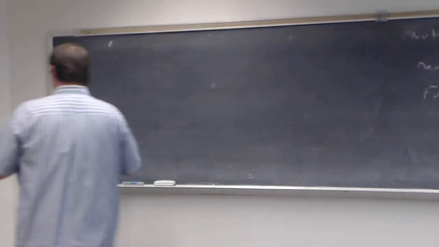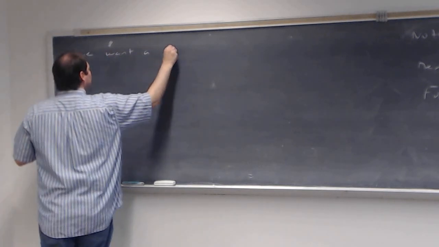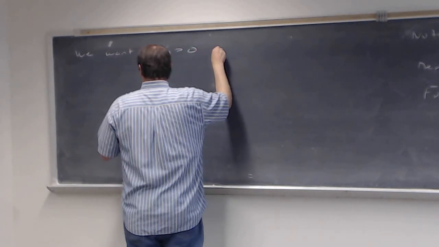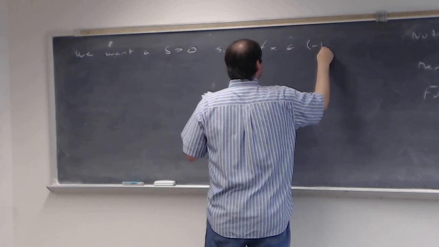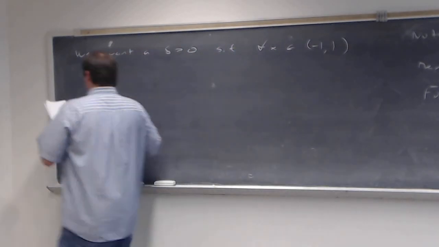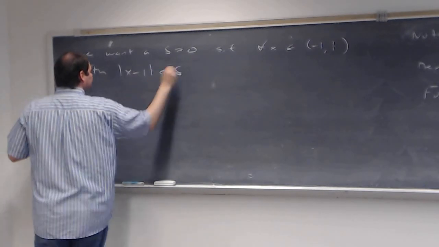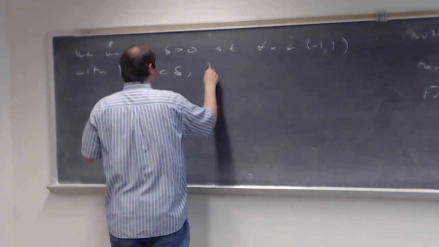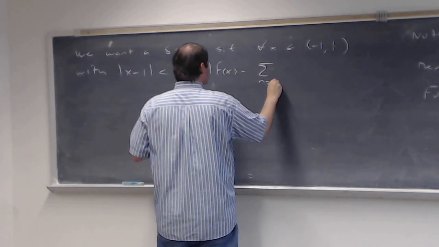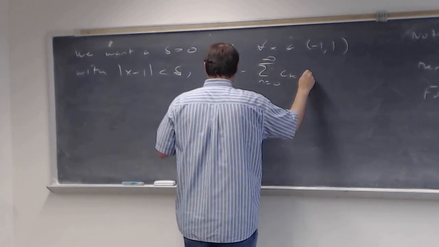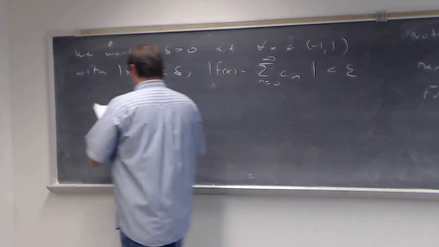Okay, so to do that, we want a delta bigger than 0 such that for all x an element of minus 1 to 1 with the absolute value of x minus 1 less than delta, I'm just using the definition of limit here, f of x minus this sum as n runs from 0 to infinity of c sub n, which is the number, is less than epsilon.